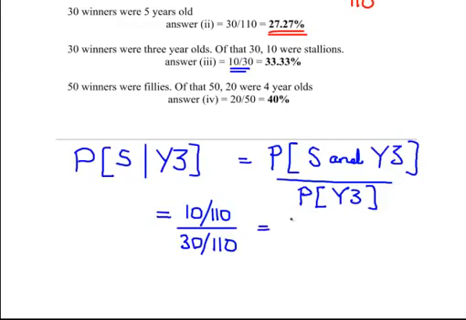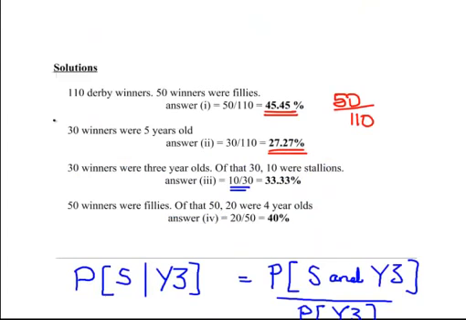We can simplify that to 10 out of 30, and then we're back to where we started earlier, 33.33%. Now, the fourth one you can do the same way, but essentially the conditional probability formula is something to be taken into account here.